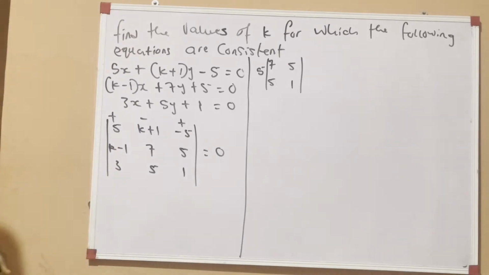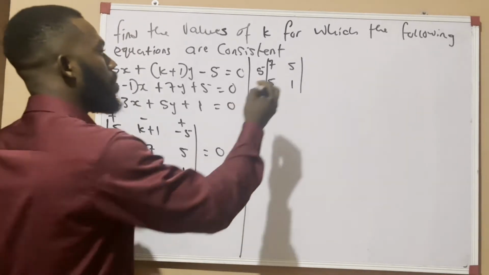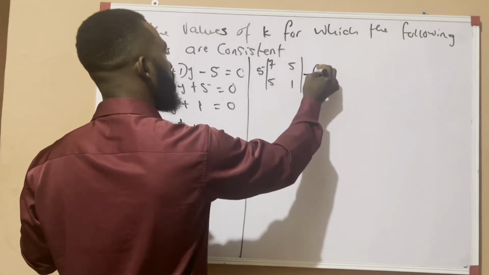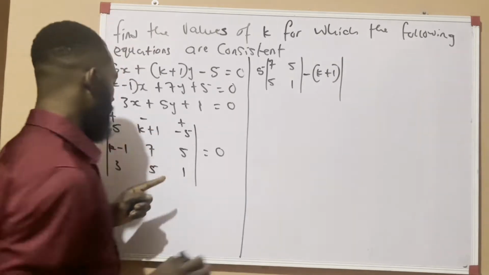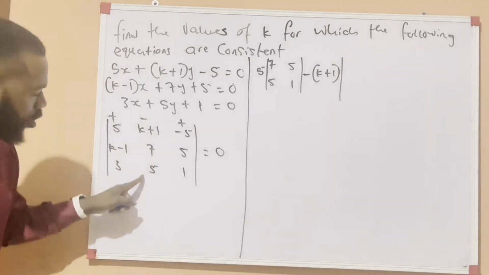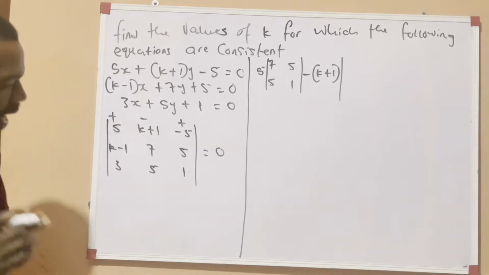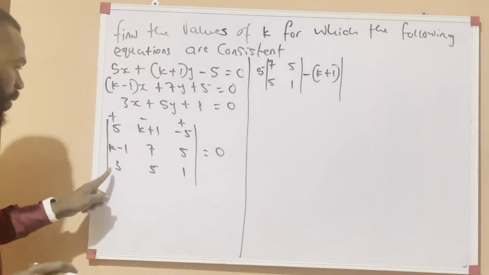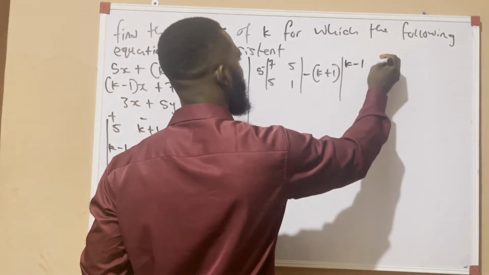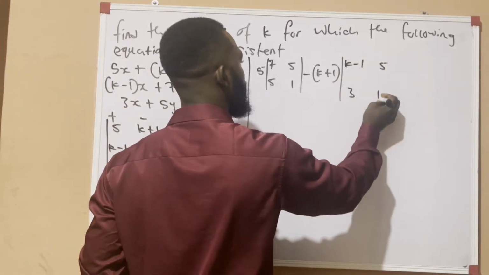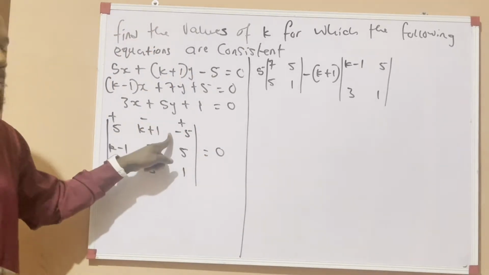Right. Now, next I have minus k plus 1. Minus into the bracket of k plus 1. Now, deleting the 2 elements I have under the column of k plus 1, I'm going to be left with k minus 1, 5, 3, and 1. Now I have a plus sign, I have a minus sign here.